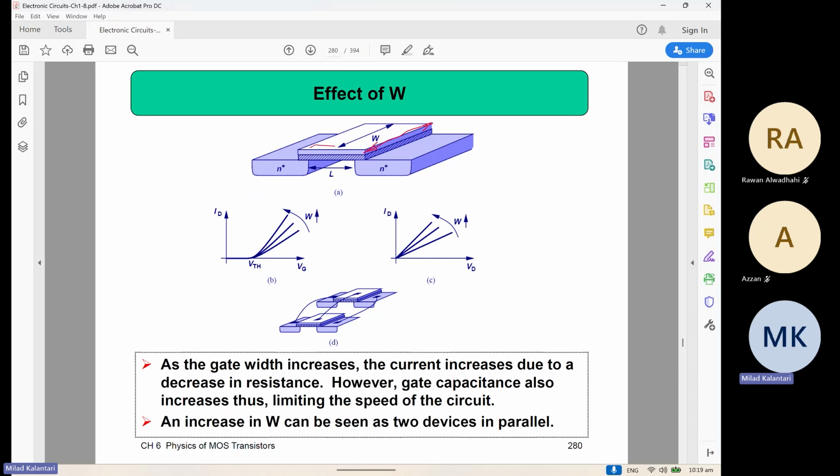So once you parallel several devices, or let's say for a resistor, if you have one resistor and you parallel more of them, then with a given voltage you have more current, right? So it just scales the current of the device. If you increase that width, it looks like you are increasing the total number of transistors and the current will increase, right?